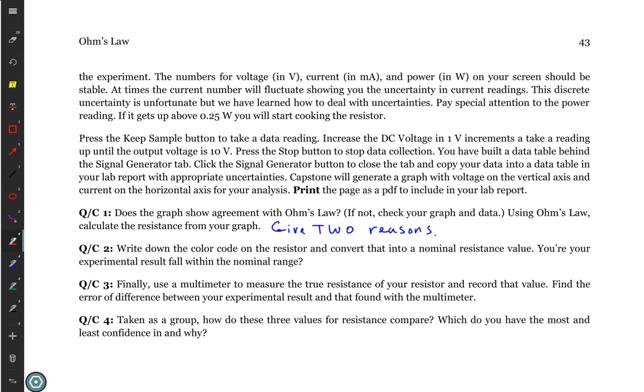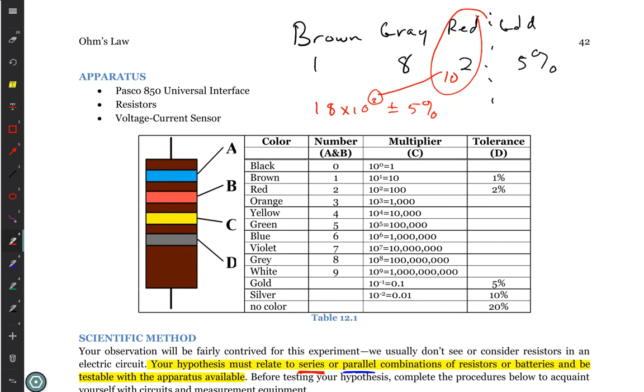For step 2, you need to write down the color code and convert it into the nominal resistance. Nominal resistance means in name. So that resistor is 1800 ohms. I didn't put the units here, I should have. So it's 1800 ohms plus or minus 5%.